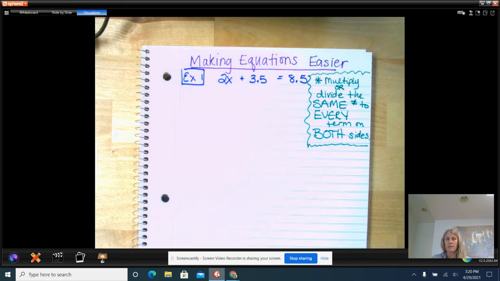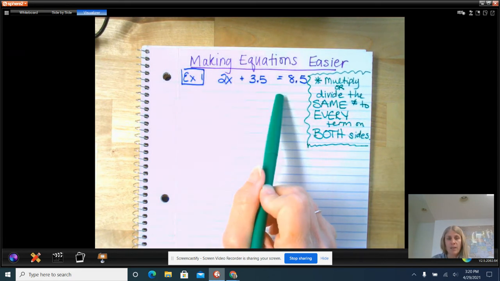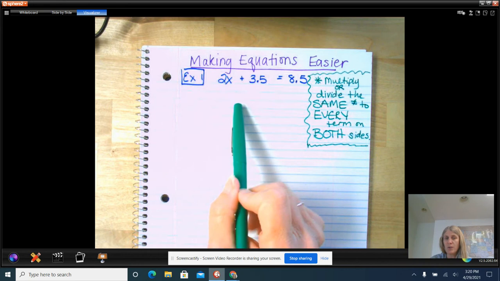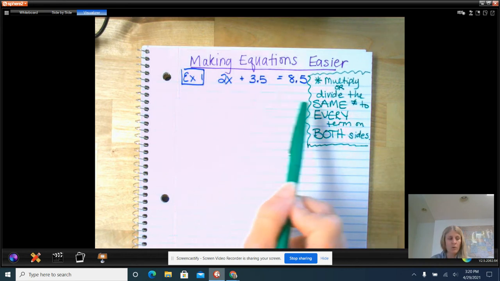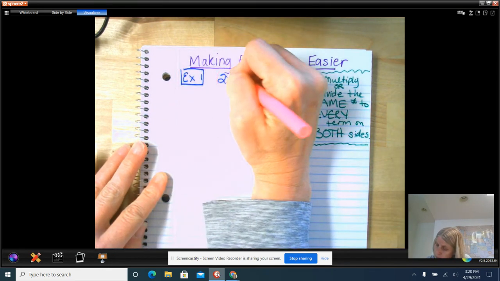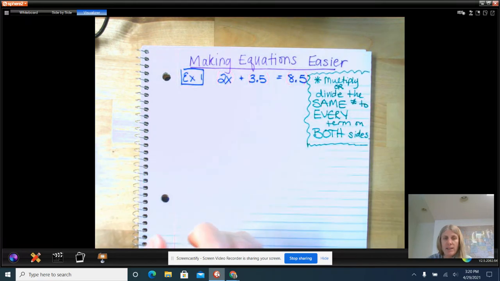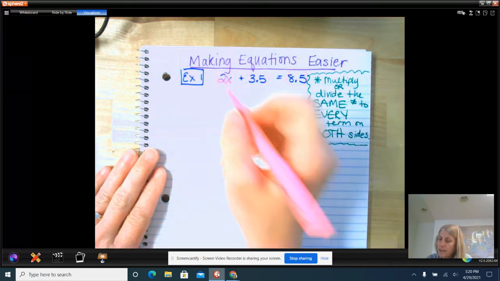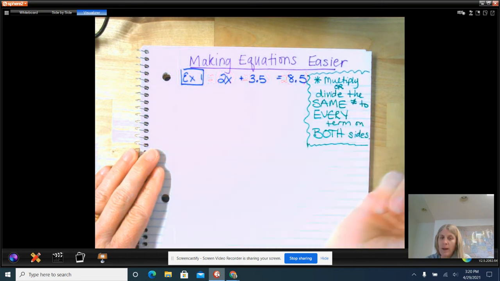So what that means is if I have a very simple one, like I have 0.5 for both of these, what I can do is if I multiply everything by 2, that makes a 0.5 go away. So I'm going to put parentheses around every single term, and I'm going to double it. I'm going to multiply every single term on both sides by 2.